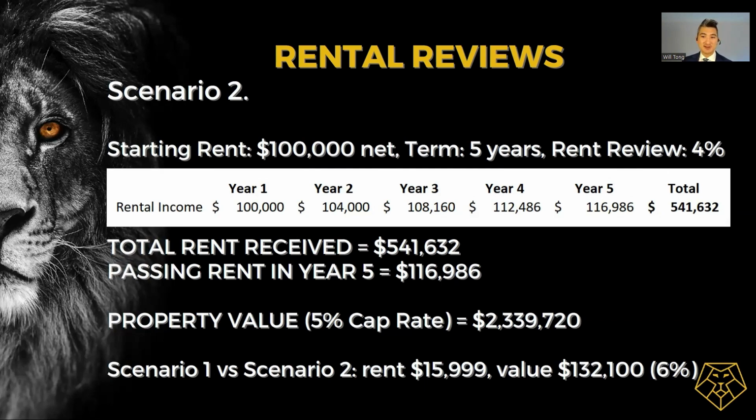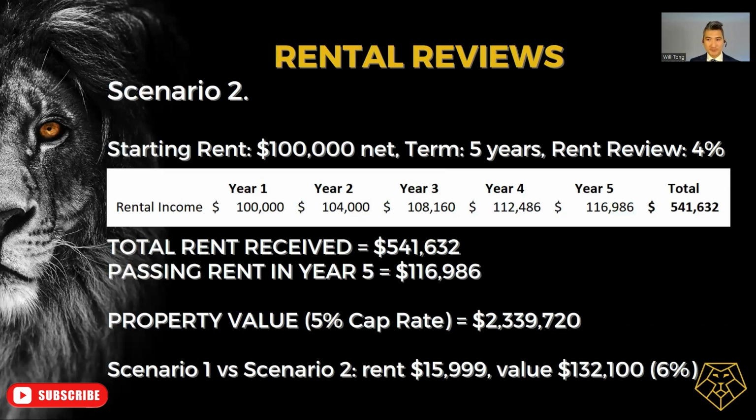So just by increasing the rent review by 1.5% per annum, you'll be receiving a total of $541,632 over the lease term. The passing rent at year 5 will be $116,986. And if you apply the same cap rate, the property will be valued at $2,339,720.